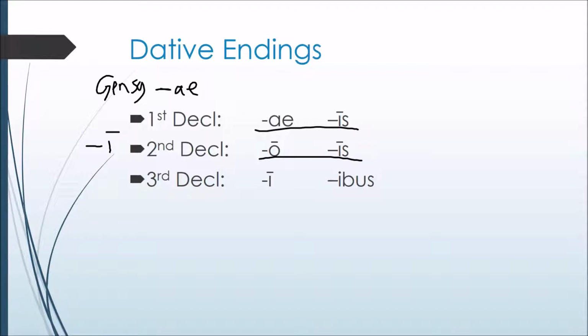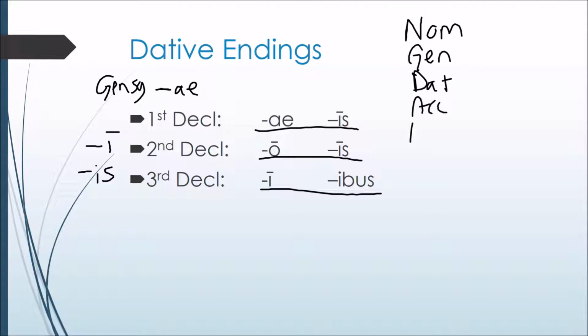And then in the third declension, those nouns that have an IS in the genitive singular, our dative endings are I and IBUS. And of course, as we sing the songs, the dative endings are our third endings down as we go in order of nominative, genitive, dative, accusative, ablative, and vocative to help you remember and identify which ending you are referring to when you sing those songs.